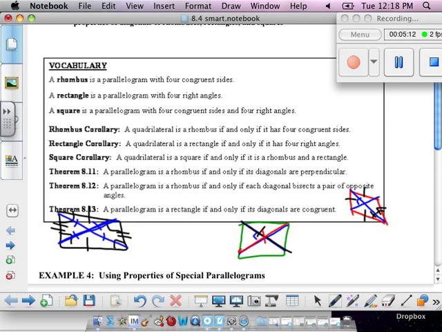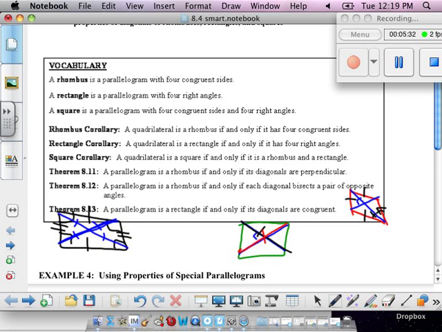Ooh, I need more. What else is here? Ooh, 8.12 and 8.13. Let's see, what do I have left?